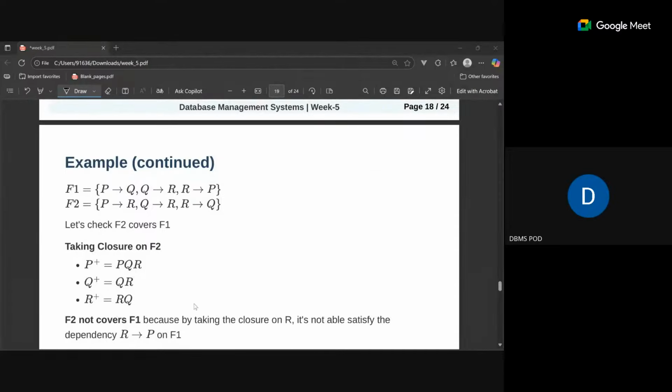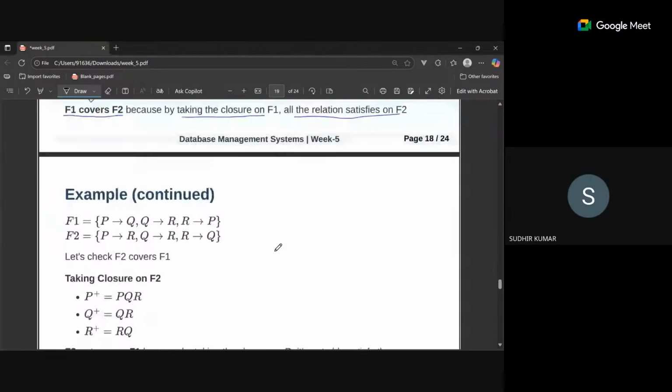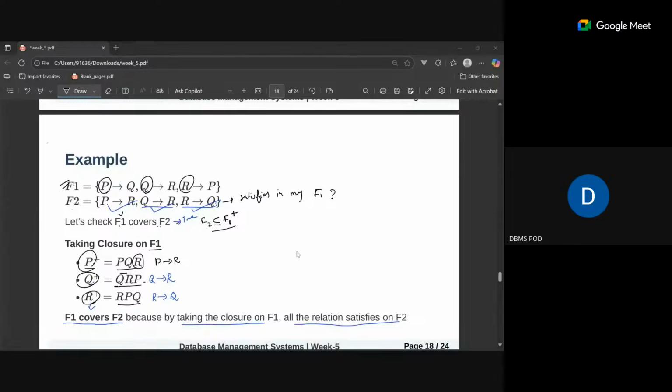Sir, could you please go to the previous slide? From where are we getting P plus is equal to PQR and Q plus is equal to Q, by taking closure of this type?